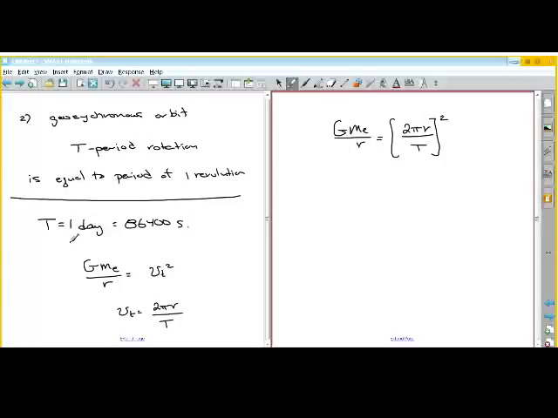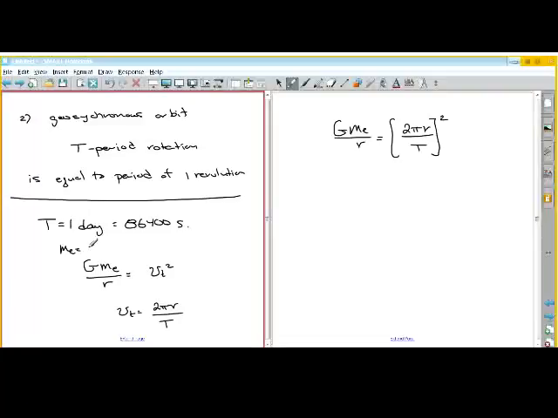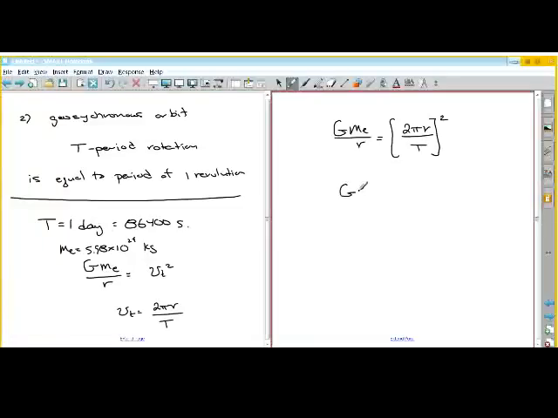And now, I've given you the mass of the Earth, which I would give you if I had a problem, because I have to give you the mass of the thing that it's rotating around. The mass of the Earth is 5.98 times 10 to the 24th kilograms. So I know that, I know G, I know T because I just calculated here. You can see I can solve for R, so let's just do that.